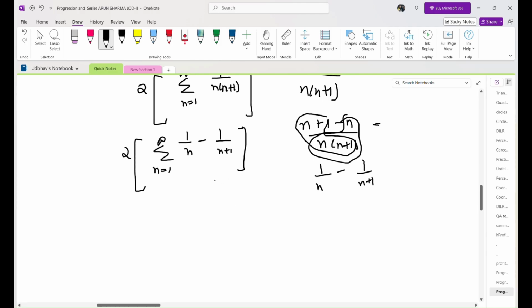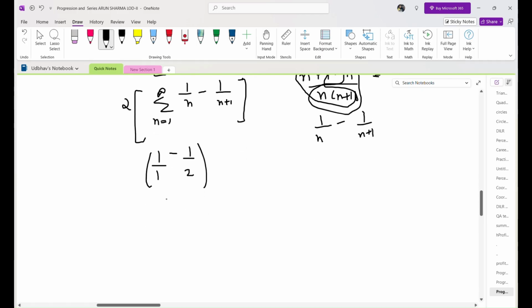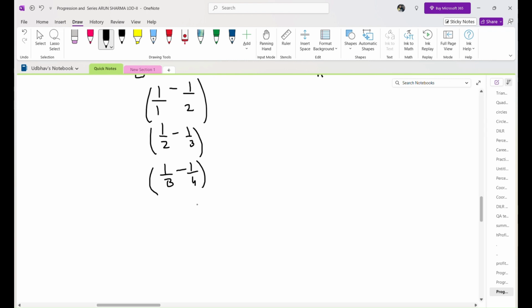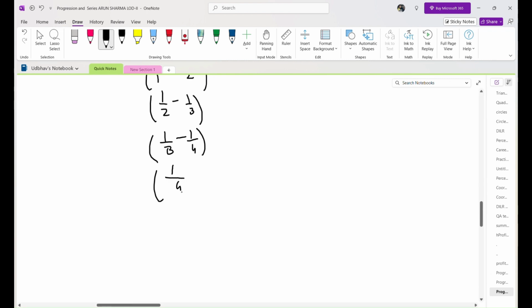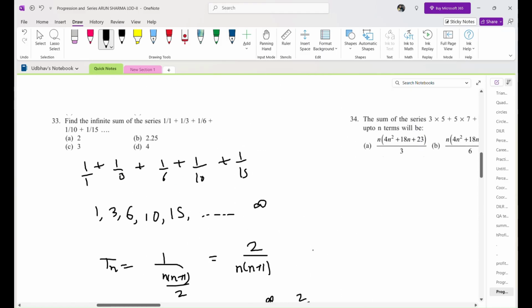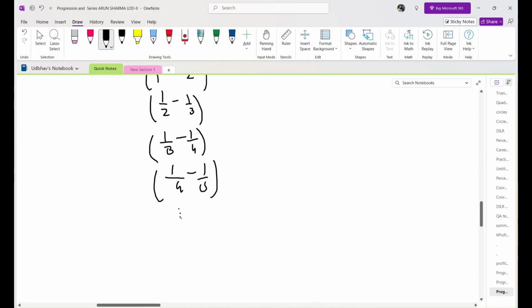Right. So again we got this telescopic pattern where the first term is 1 upon 1 minus 1 upon 2, then the second term is 1 upon 2 minus 1 upon 3, then the third term is 1 upon 3 minus 1 upon 4, the fourth term is 1 upon 4 minus 1 upon 5, and it keeps on going like that to infinity.